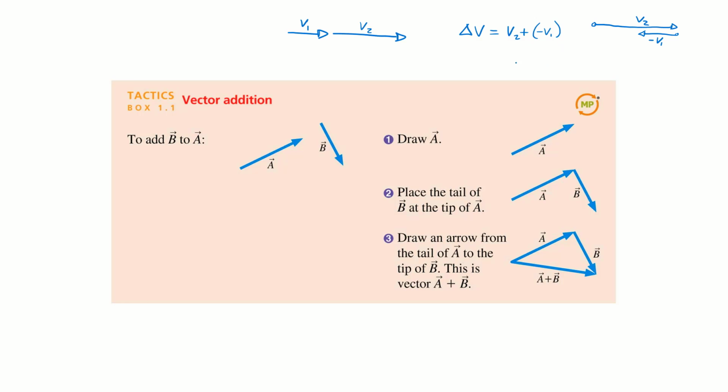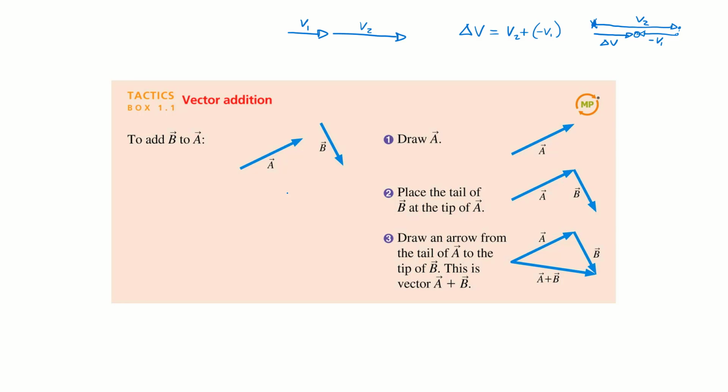And if we wanted to do that addition, we started here, went through v2, got to here, added the negative v1, got to here. The resulting vector from where we started to where we ended was delta v. We do the same thing in two-dimensional motion, right?